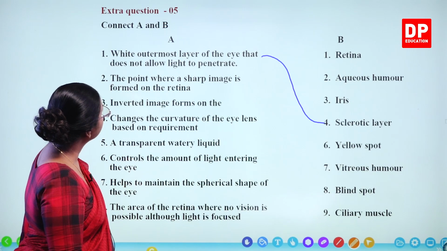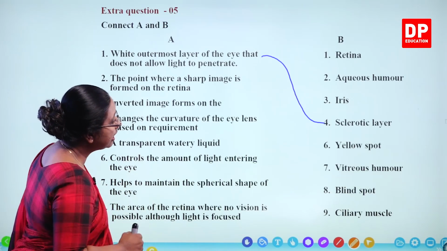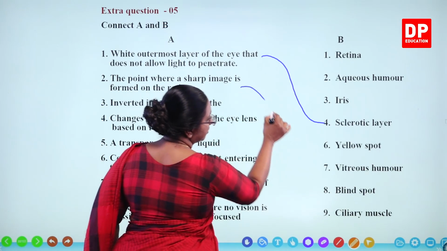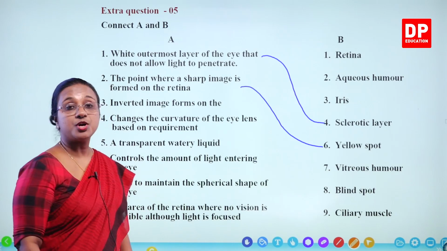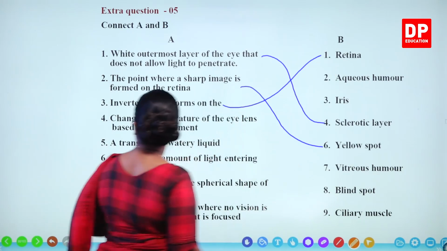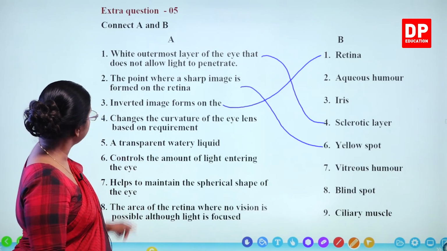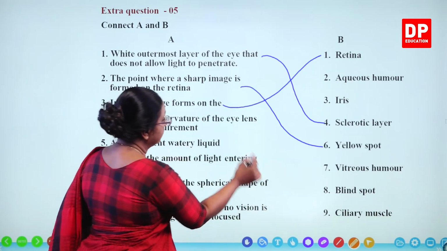The point where a sharp image is formed on the retina. That is the yellow spot or fovea. So, that's here. Then inverted image forms on the retina. Changes the curvature of the eye lens based on the requirement, that is the ciliary muscle.